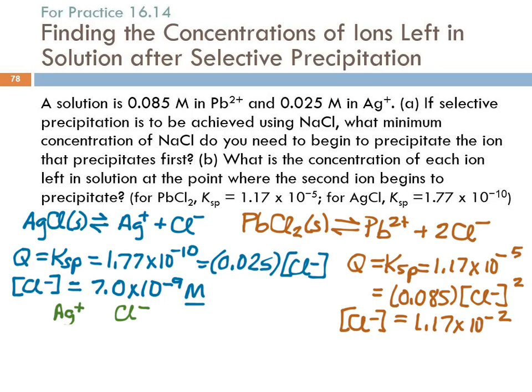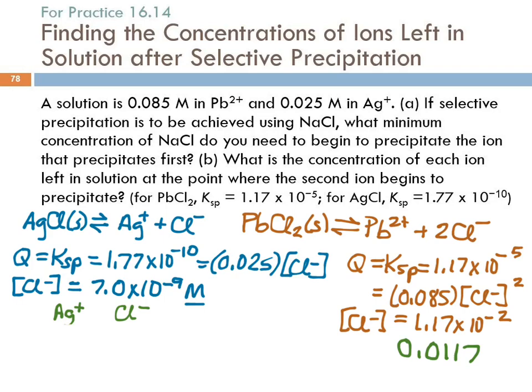So which number is smaller? 1.17 times 10 to the minus 2 or 0.025? So let's write this in decimal form.